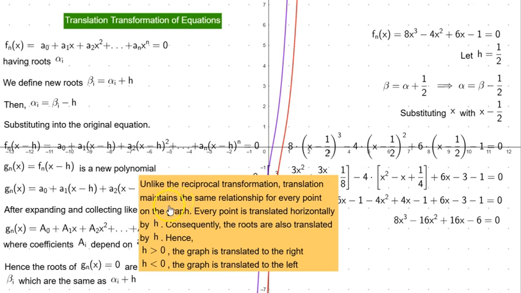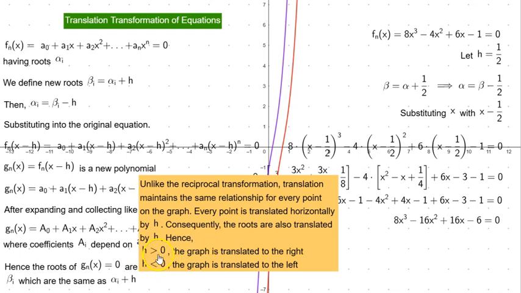So now here is the critical thing. Unlike the reciprocal transformation, translation maintains the same relationship for every point on the graph. Every point is translated horizontally by h. Consequently, the roots are also translated by h.